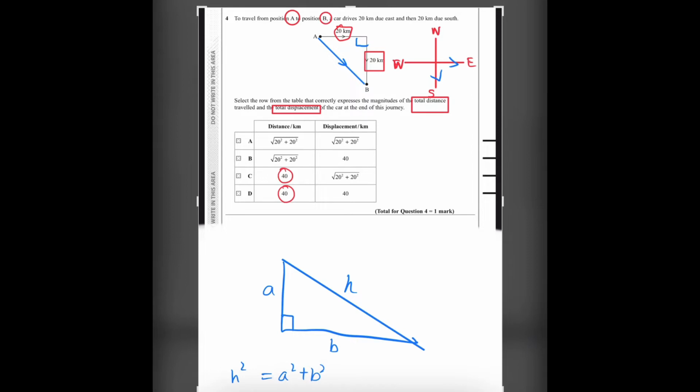So this is quite a simple formula. So to find AB, we have AB squared equals 20 squared plus 20 squared. So AB, which is the hypotenuse, equals root over 20 squared plus 20 squared. So this is the option. So the answer to question number 4 is C.